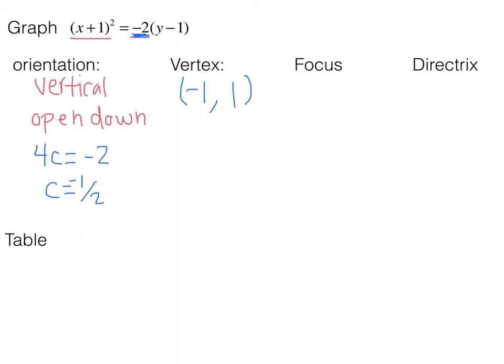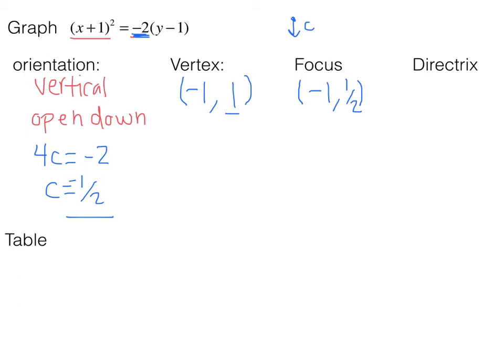The focus is going to be, since we have a point of negative 1, positive 1, our focus is going to drop down the c value. So the x value is going to stay the same, and the c value, we're going to take away this 1/2 from the y value in the vertex, so we're going to end up with 1/2.